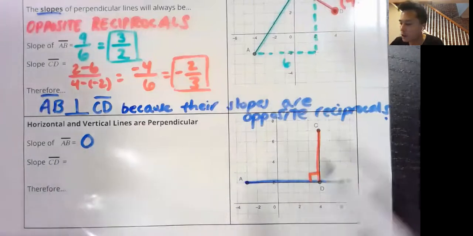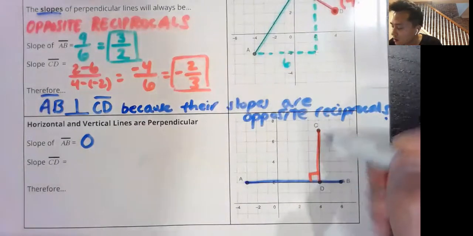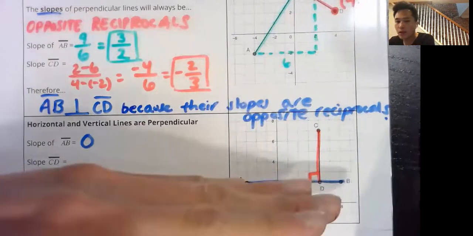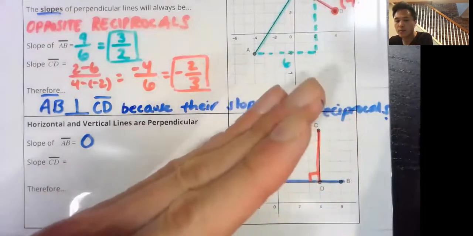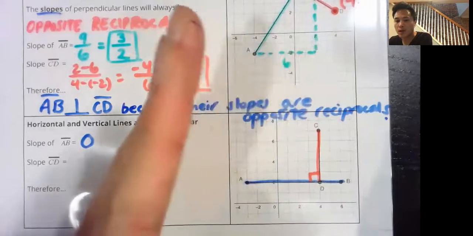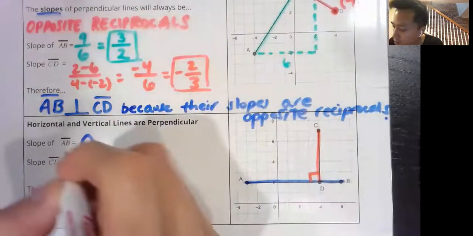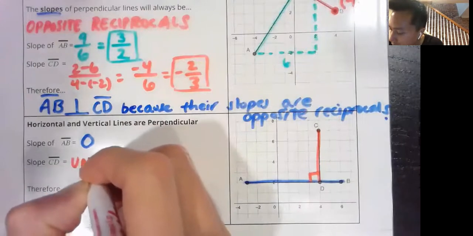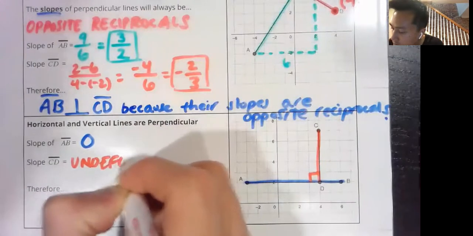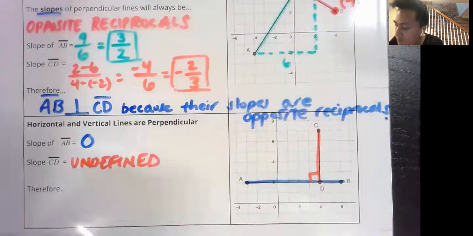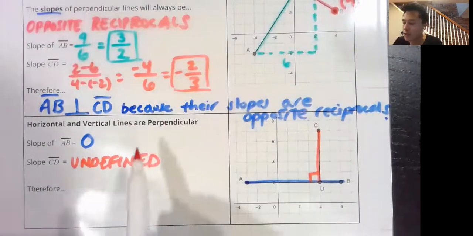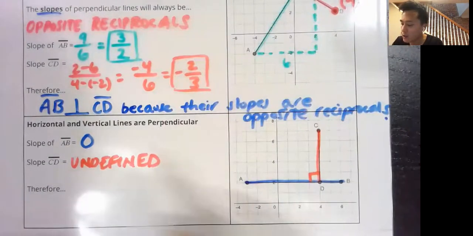The slope of CD, this line, well, as the slope gets steeper and steeper, the number gets higher and higher, until eventually, if it's perfectly vertical, the slope is undefined. So vertical lines, undefined; horizontal, 0.